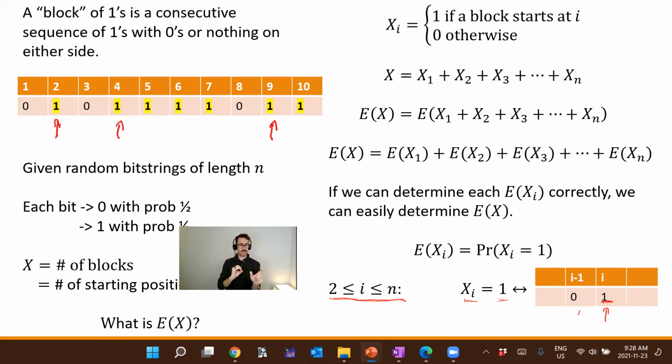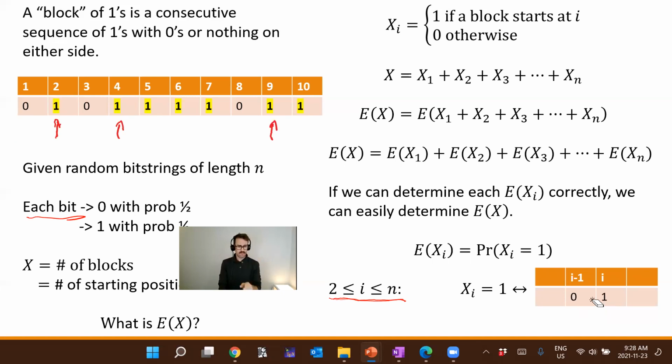So in order for xi to be equal to 1, if we define these random bits by coin flips, then we have 2 of these coin flips to determine. So 2 coin flips will determine whether i is the start of a new block or not. We don't really care what's to the right of it. Okay, does that make sense?